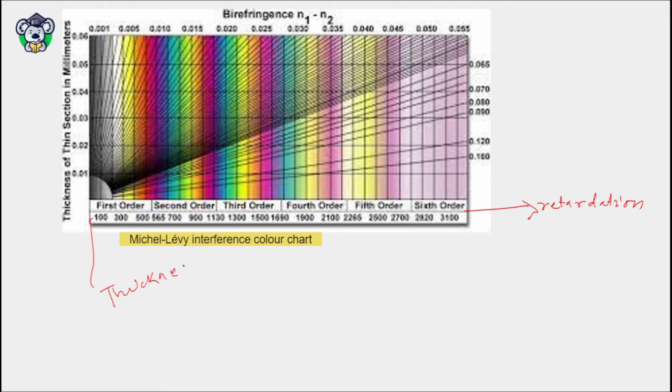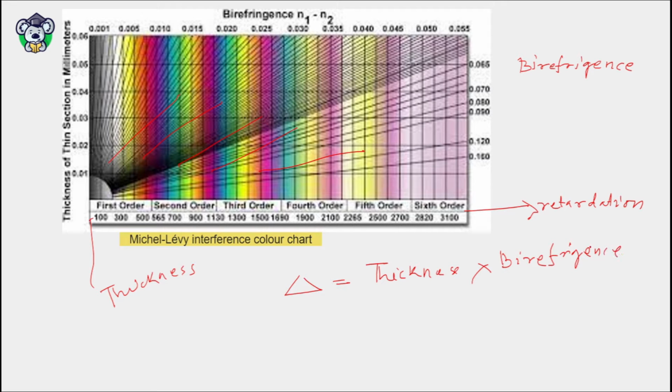And these diagonal lines are birefringence values. Retardation is calculated by thickness into birefringence. That is called as retardation.